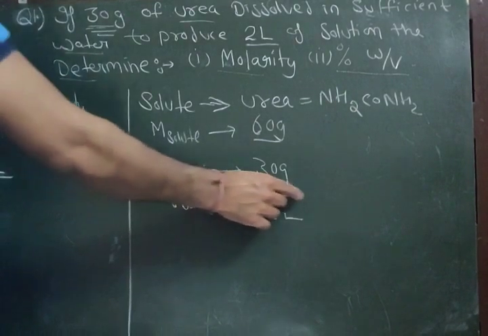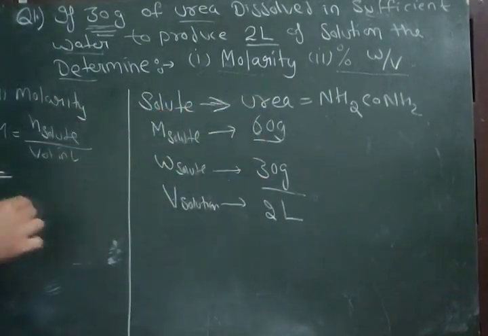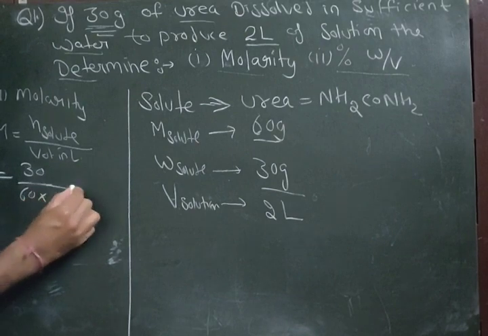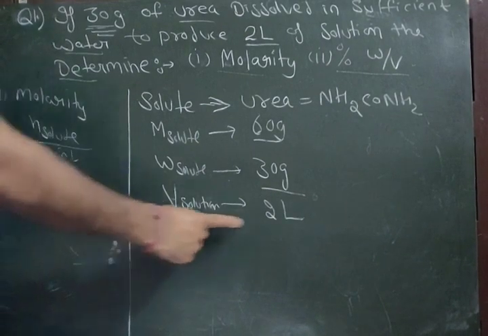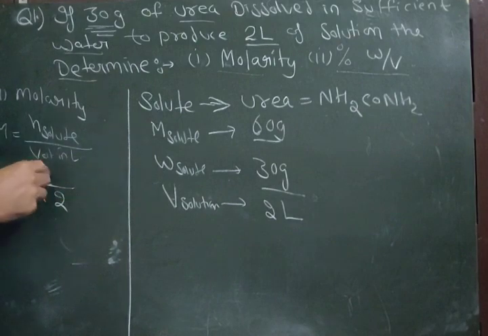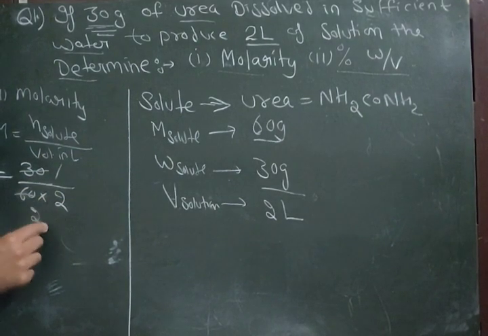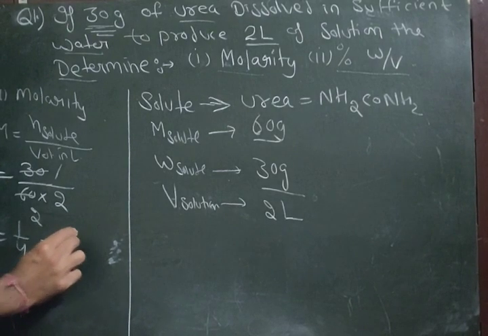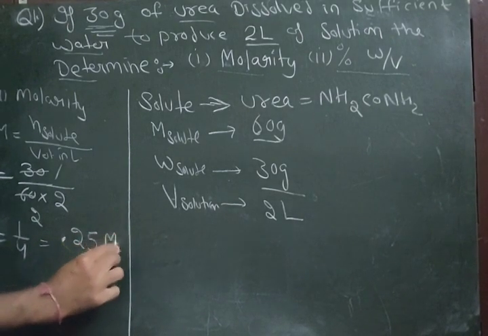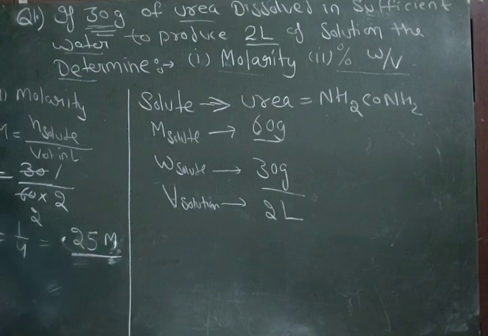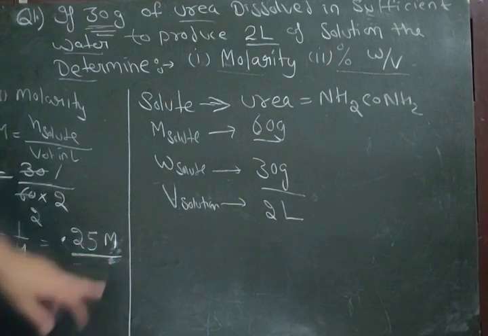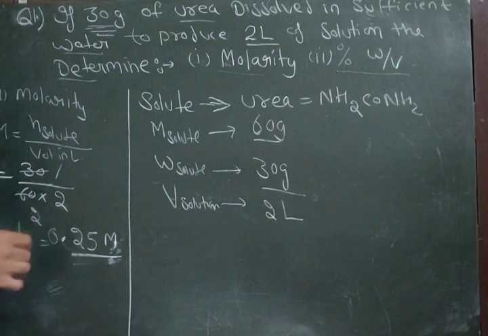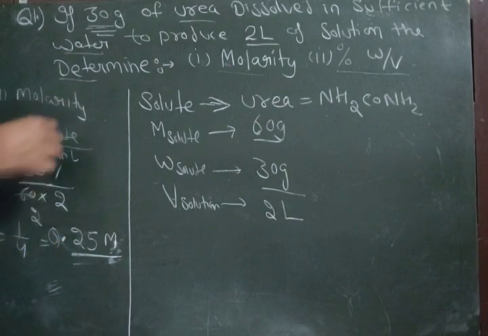The given mass is 30 and the molecular mass is 60, so that is 30 divided by 60 into 2, because the volume is already in liters. That is 1 by 4, or 0.25, denoted by capital M. The unit is moles per liter, so 0.25 M will be the molarity.